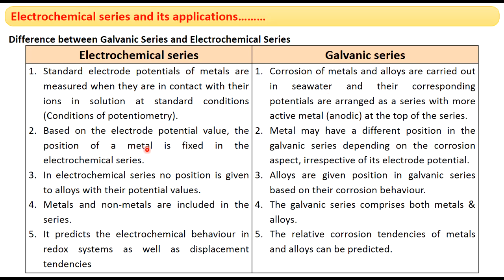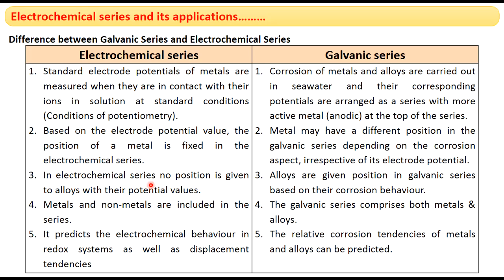Next difference, the position of the metal in the electrochemical series is fixed as it is placed based on the electrode potential value. But in the galvanic series, the position of the metal may differ depending on the corrosion aspect, irrespective of its electrode potential.